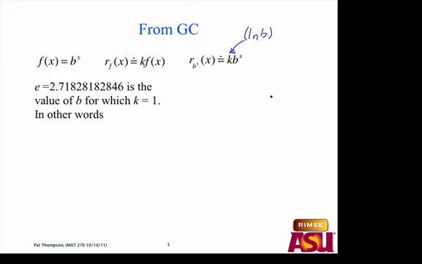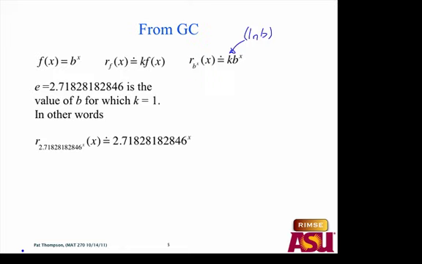Okay, so what about when they're the same function? This is this value called e. All right, 2.718. It's an infinite non-repeating decimal, just like pi. And in that case, that's the case where k is 1, and your rate of change function is the same as the original function.